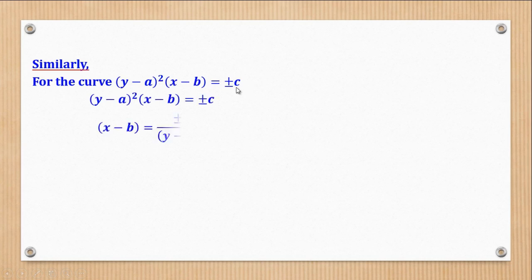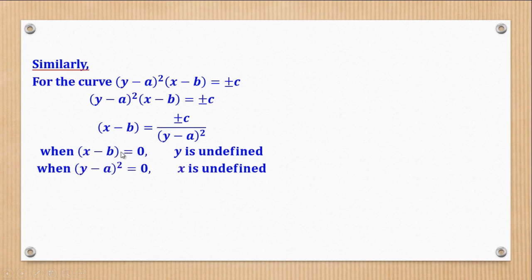So similarly, they can give you a curve in this form: y minus a squared x minus b equal to plus or minus c. So the procedure remains the same. You have to first look for the asymptotes. So in this case, when x minus b is equal to 0, y is undefined, meaning that this can give us an asymptote. And also when y minus a squared equal to 0, x is undefined, meaning this can give us an asymptote.